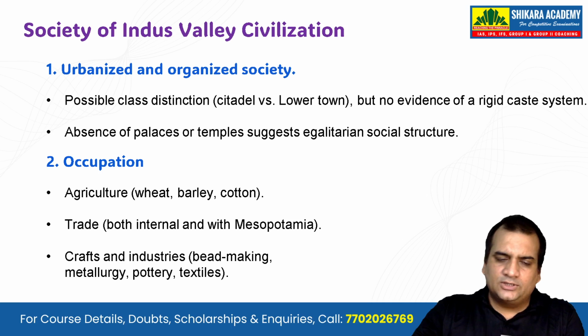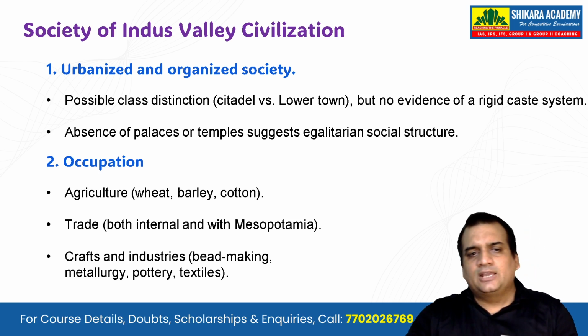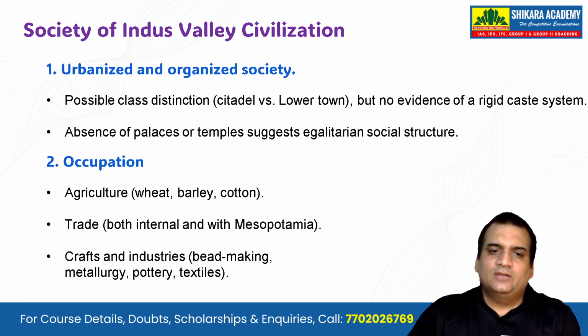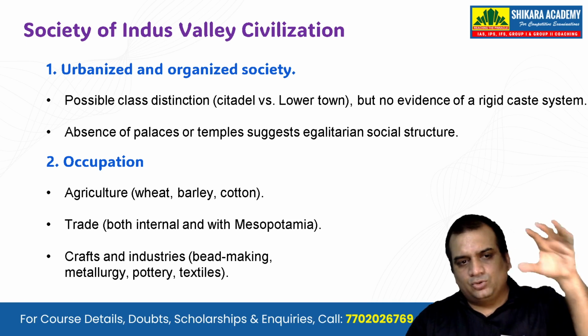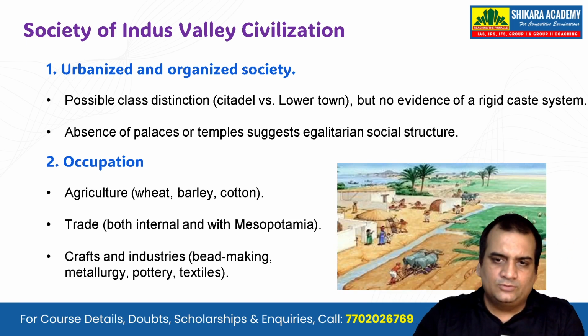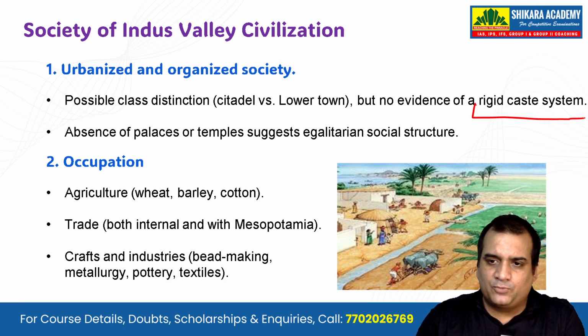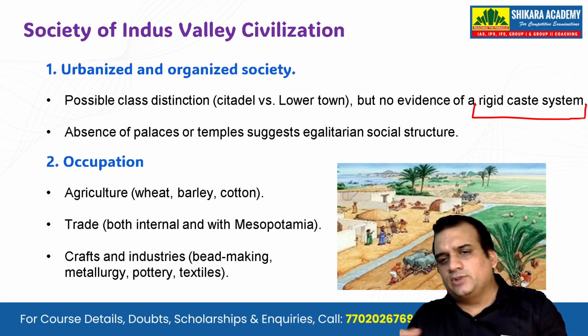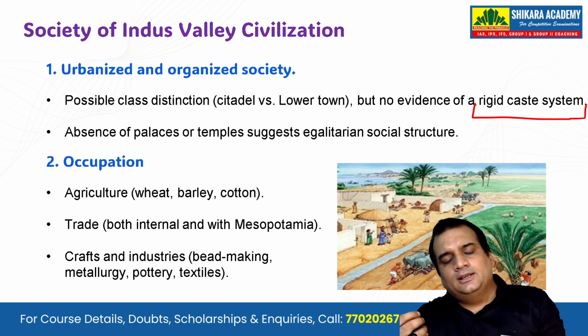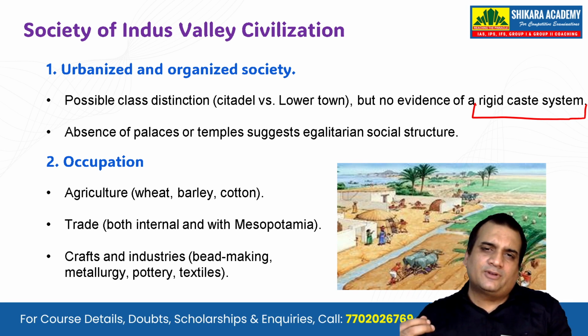Now, what was the society of Indus Valley civilization? Urbanized society. We have seen the planned society. We have seen there was an upper half that was known as the citadel and the lower town, but no evidence of rigid caste system. That is very important. When the Europeans, when the Britishers, when the people talk about the caste system, we see it's not evident from the very beginning.